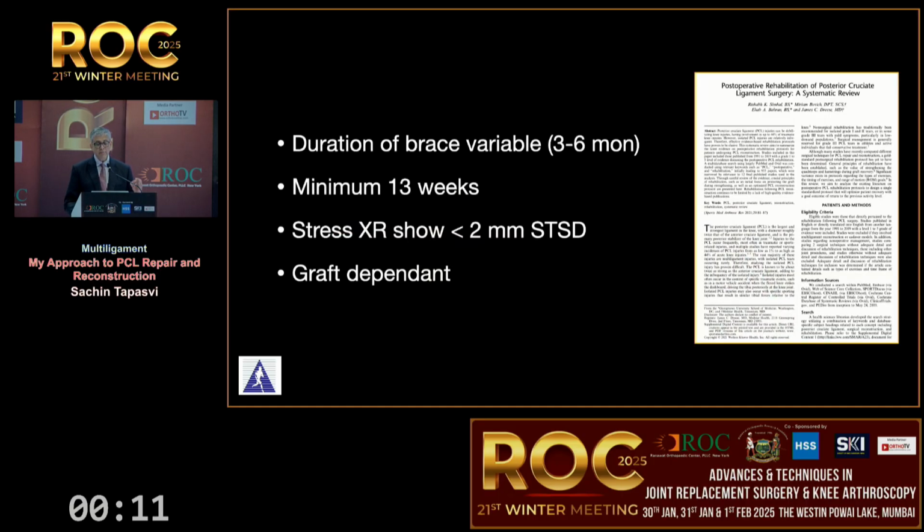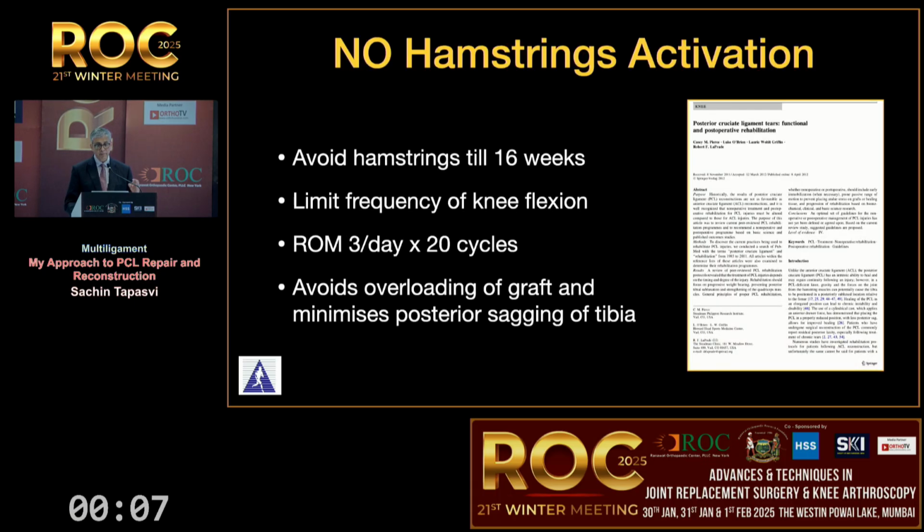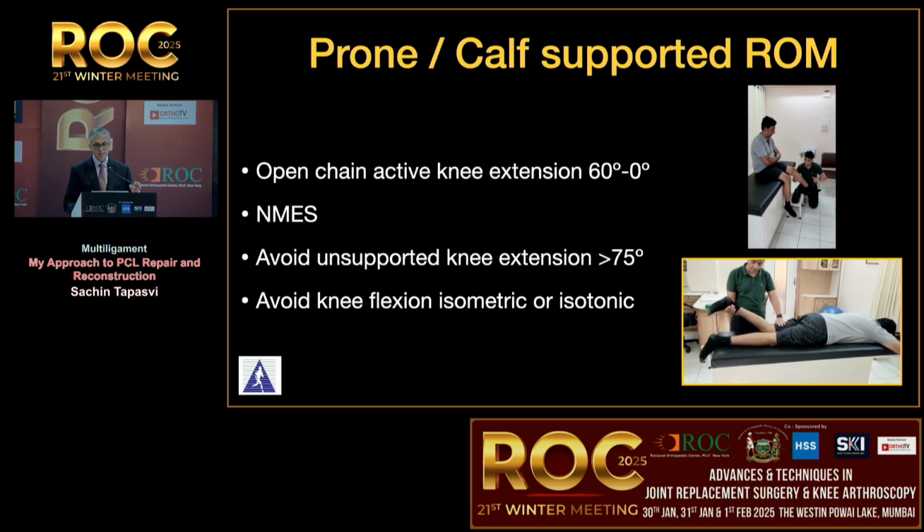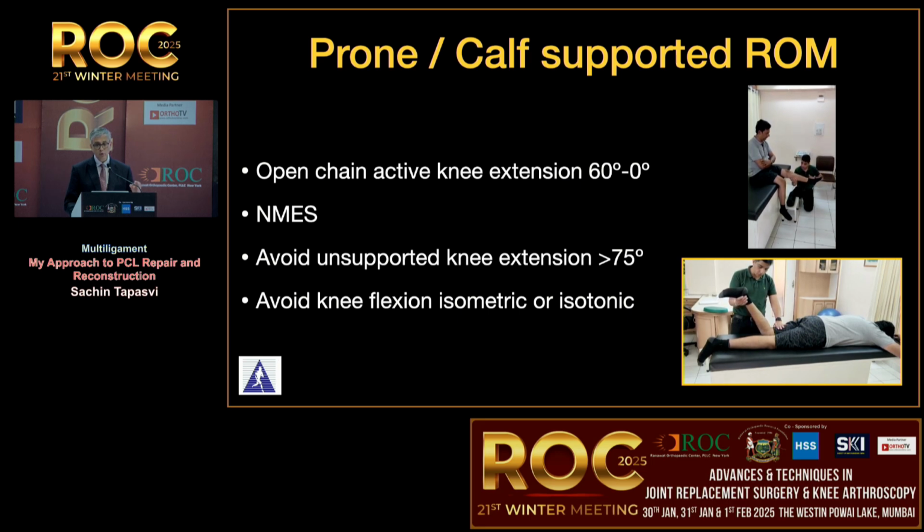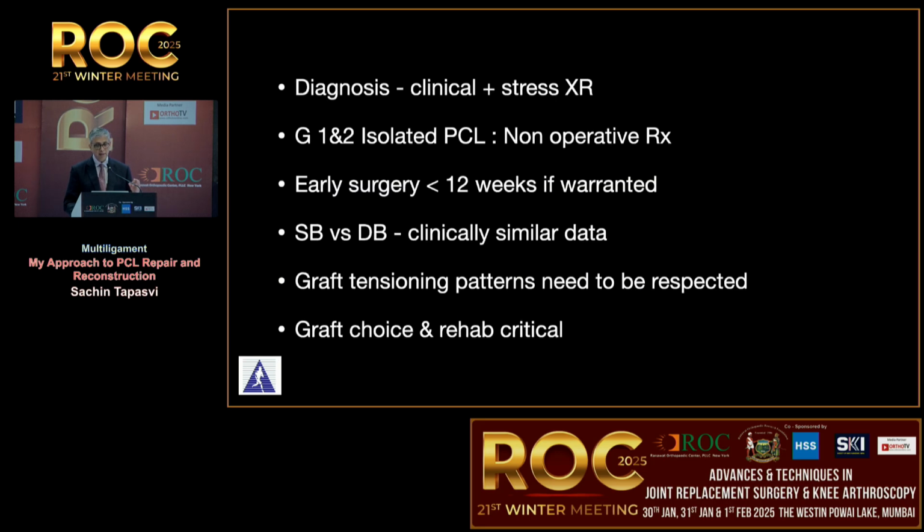So a minimum of 13 weeks of bracing is important, and it is again graft dependent. Very critical, do not activate the hamstrings for at least 4 weeks after the surgery. That is your key to good success, and your rehab should always be done with someone who knows how to treat a PCL, and not any other surgeon.